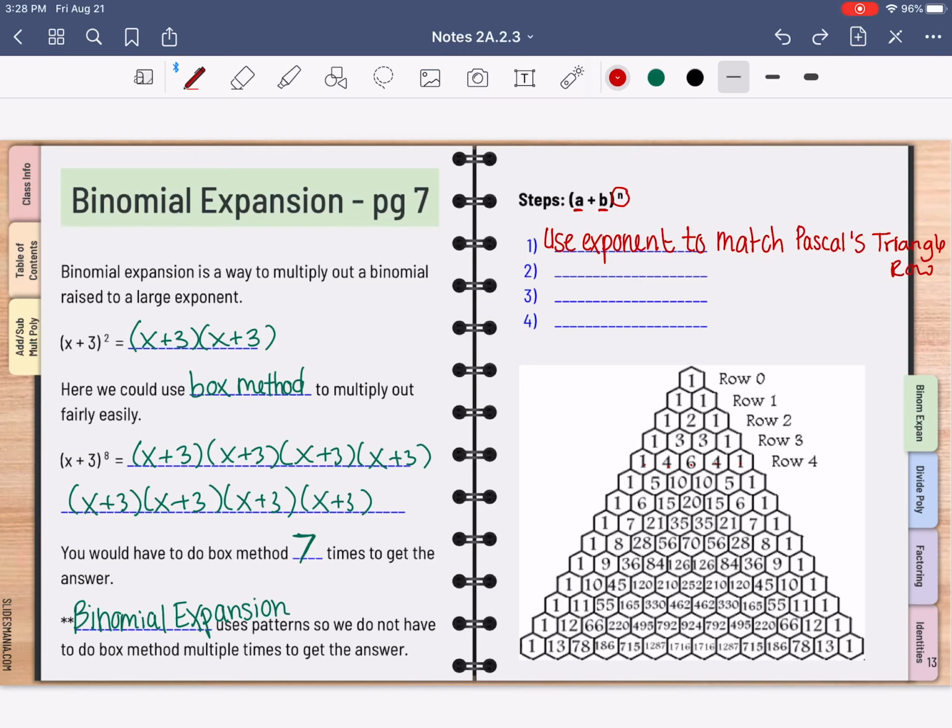Okay? All right, step 2 is you're going to start with your exponent on a. So a is the first term. You're going to start with your exponent on a, and then each term that you go down, you're going to decrease your exponent.